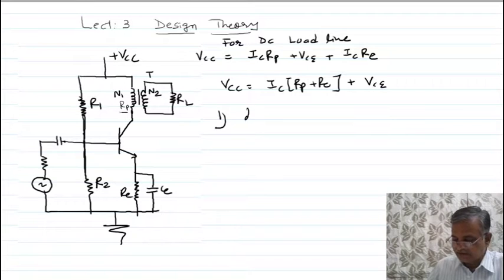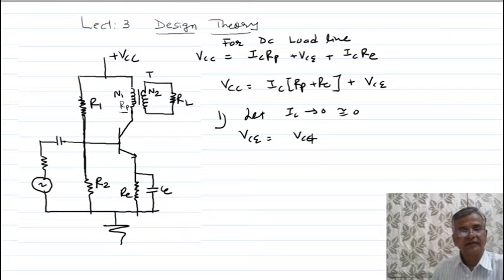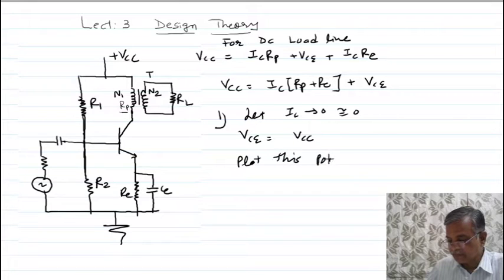First point, let IC be nearly 0, then VCE is equal to VCC. So you have to plot this point on the x-axis, that is on the VCE axis.